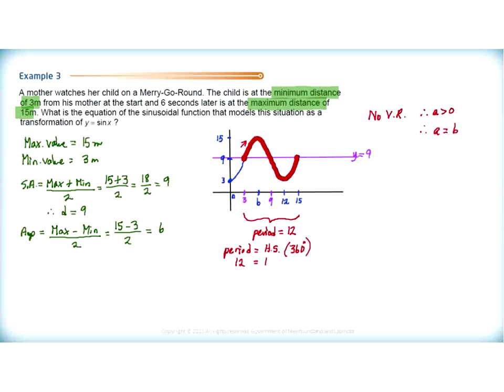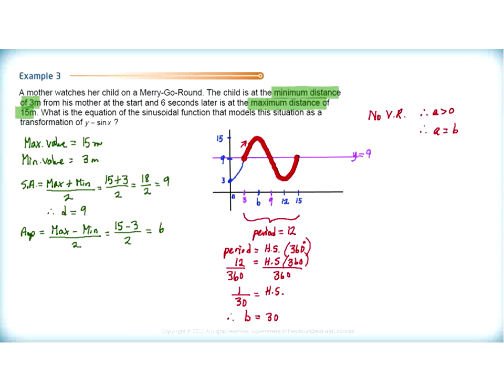So you have 12 is equal to the horizontal stretch multiplied by 360. Dividing both sides by 360, that reduces to 1 over 30 is equal to the horizontal stretch.